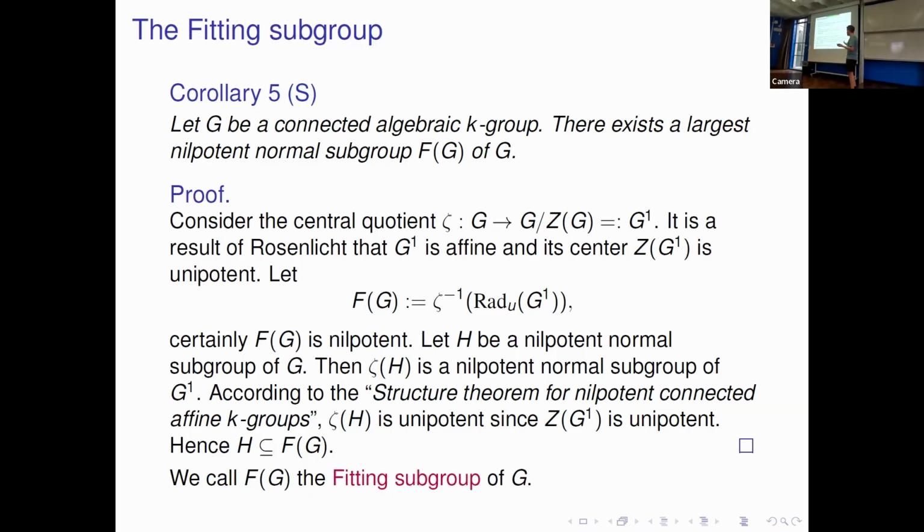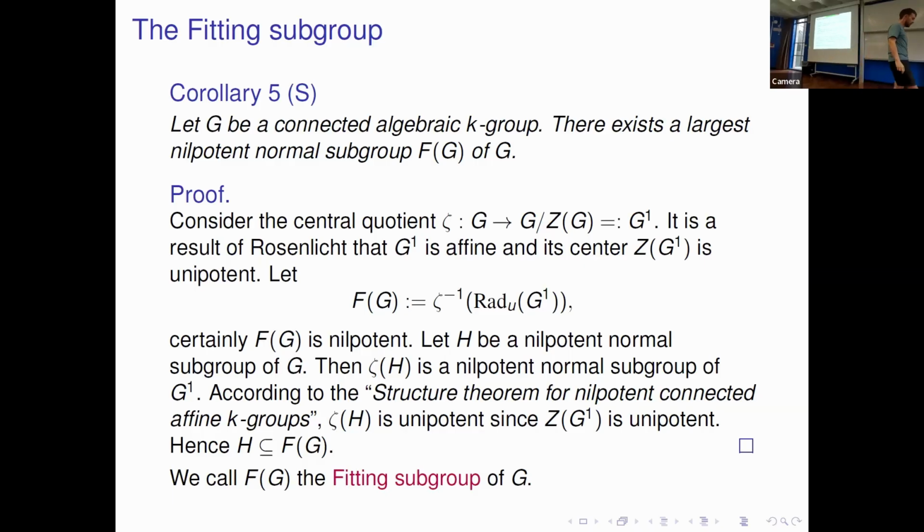Well, we just use a well-known theorem, which has this long name. You take a nilpotent normal subgroup of G, you map it down by theta, and then according to this theorem, if you have a connected affine algebraic group whose center is unipotent, then all of its nilpotent normal subgroups will be unipotent as well. So this tells us that this image is unipotent and normal, therefore it's contained in this, and you pull back and it's contained in this F2.